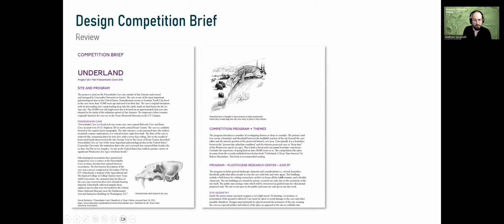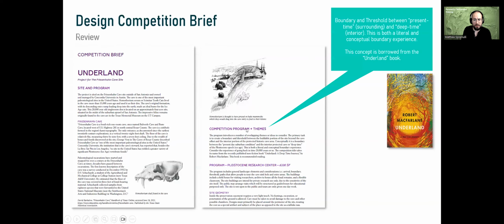And they gave some parameters about how big it needed to be, some general themes. And there was a great book, highly recommended, called Underland, which follows the same title, which really talks about deep time. And the project was fascinating from a time perspective about how slow certain things go, like ice ages, and how fast we as humans expect things to go.